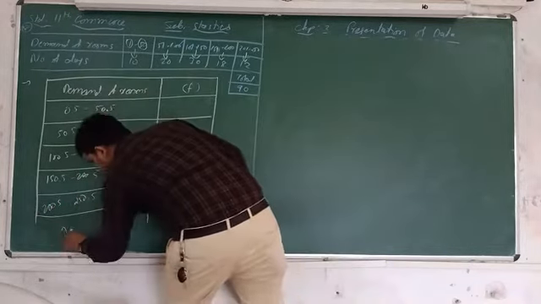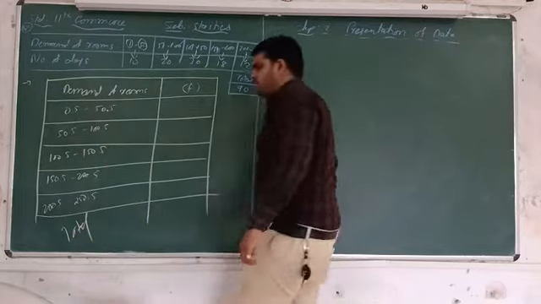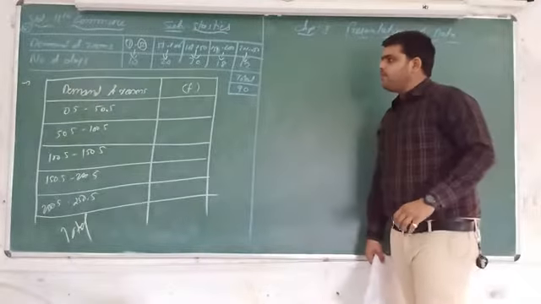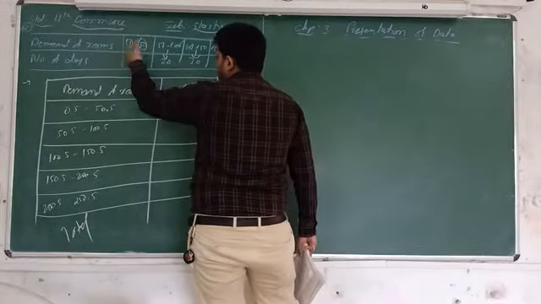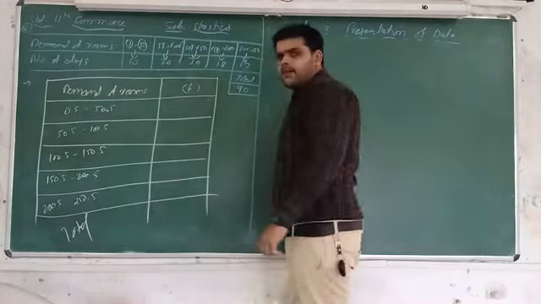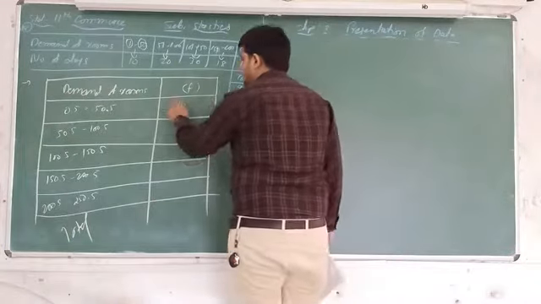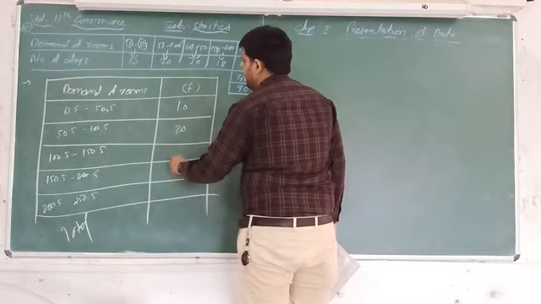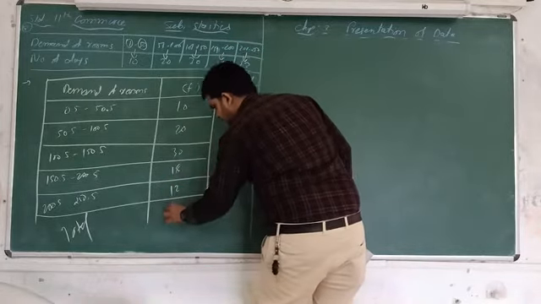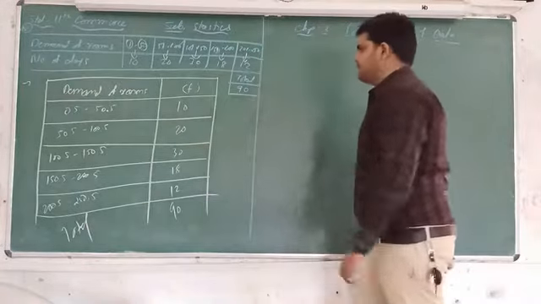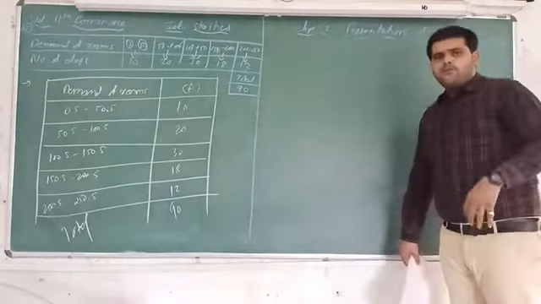And last is the total. So we minus 0.5 from the lower boundary and plus 0.5 in the upper boundary. Frequency remains the same: 10, 20, 30, 18, 12. Total will be 90.